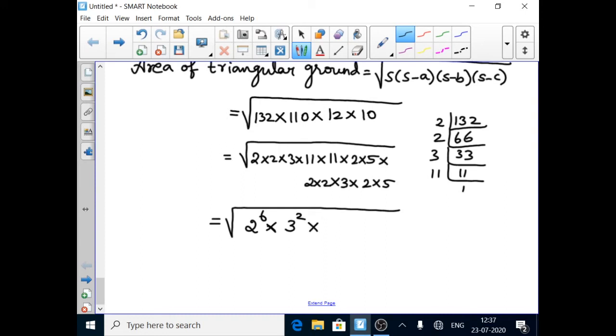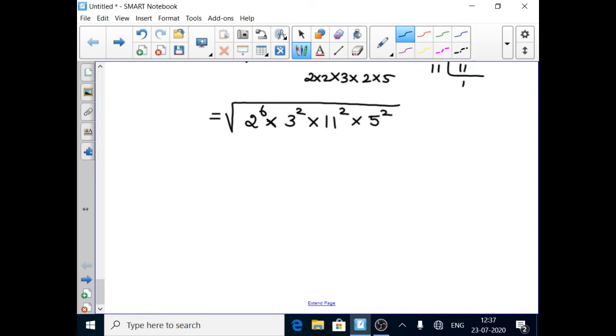Then 11 we have 2 terms, so 11 square. Then 5 we have 2 terms, so 5 square. For each 2 terms you can take 1 term outside. So 2 power 6 means we will get 2 power 3 outside. 3 square means 3, 11 square means 11 and 5 square means 5. So 2 power 3 is 8.